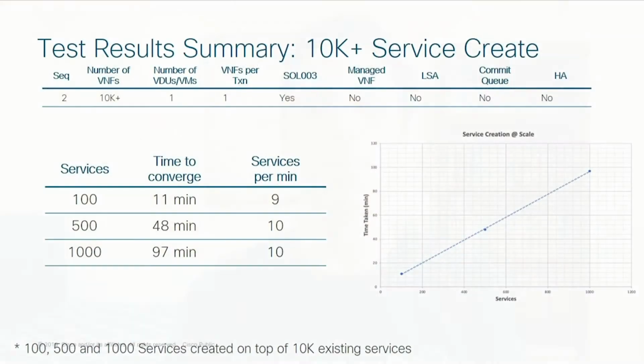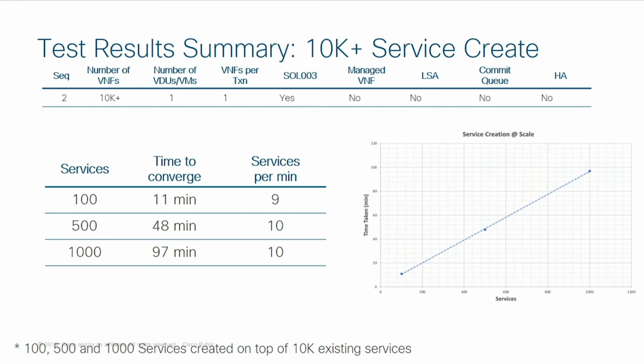Again, this is the next round of tests. Configuration-wise, it's pretty much the same as the first test. What's different here is we're executing certain tests once we are at certain scales. Imagine a system that has about 10K services existing on it, and on top of that, we're trying to create 100, 500, and 1,000 services. The aim is to see how NSO behaves with operations once they're done at certain scale.